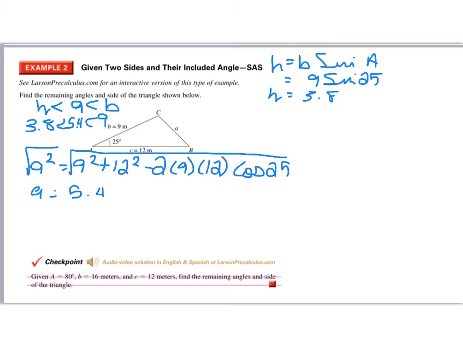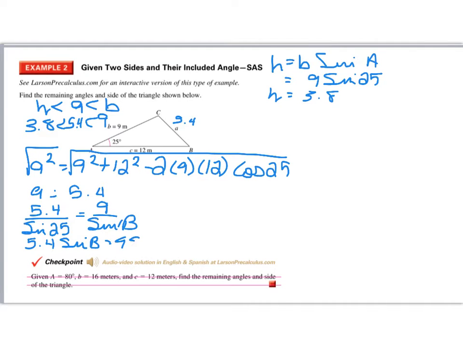So to find the angle of B, I'm just going to use sine because we just solved it, right? So we know A is equal to 5.4. So now we can use the sine, which is always easier. So the sine would be 5.4 all over the sine of 25 is equal to 9 over the sine of B. And then when you cross multiply, 5.4 sine b equals 9 sine 25.